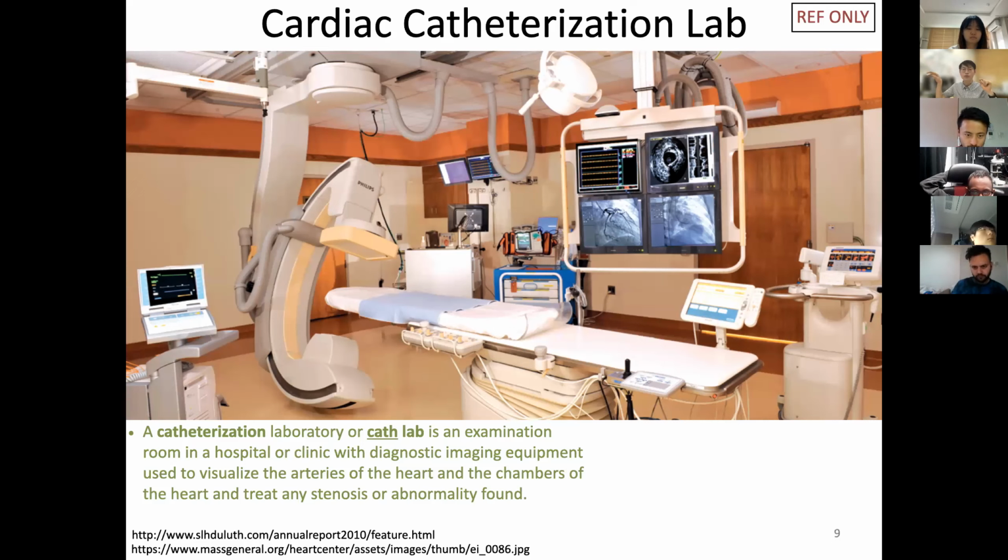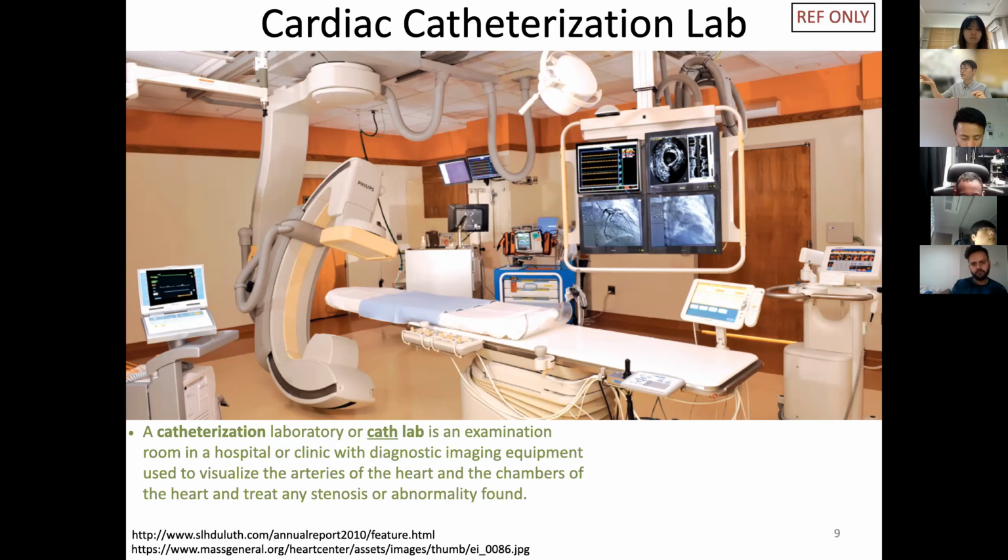So you can look at this X-ray monitor to identify it. Also, when you insert the catheter, it has a metal tip so that you know where it is going, so you can maneuver it. This is a really interesting one.